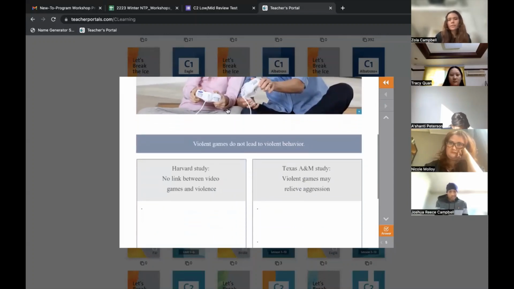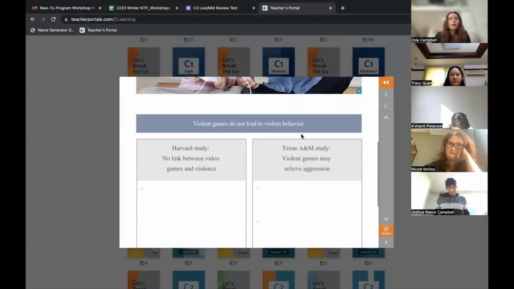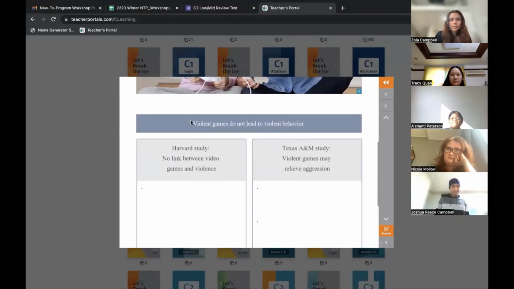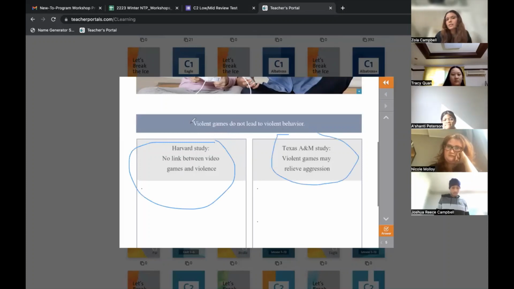So first, you'll have a student read the opinion. So this is the perspective, right? Violent games do not lead to violent behavior. So that's what the audio is going to be talking about. What I like to do, even before we get here, is ask them, what are some reasons why it might not lead to violent behavior?